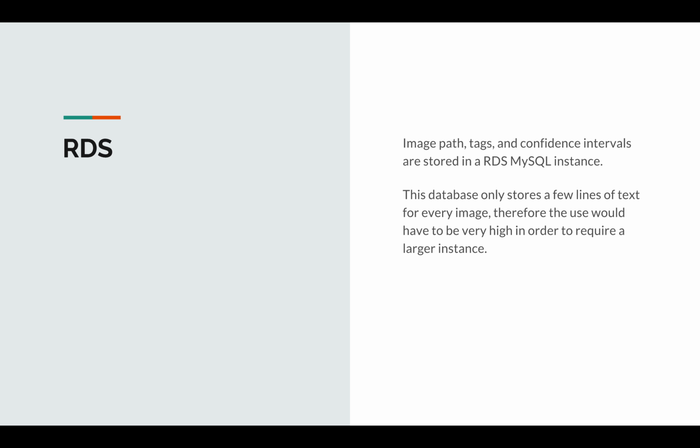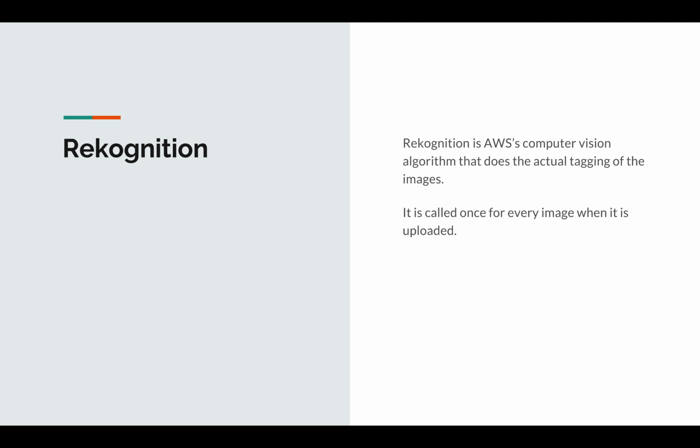So it's very small for every photo. It's just maybe a few lines of text. Rekognition is Amazon's computer vision algorithm that does the actual tagging of images. It's scalable because it's just called once by the Lambda function when every image is uploaded. So it's just a one-time thing, and we could just call more Rekognition functions with more images.